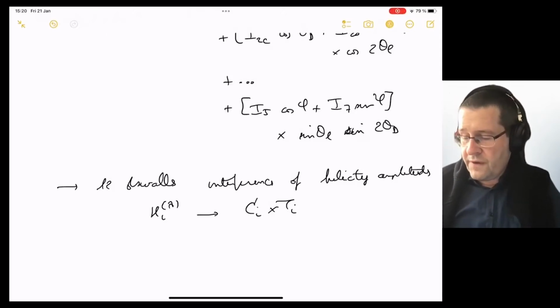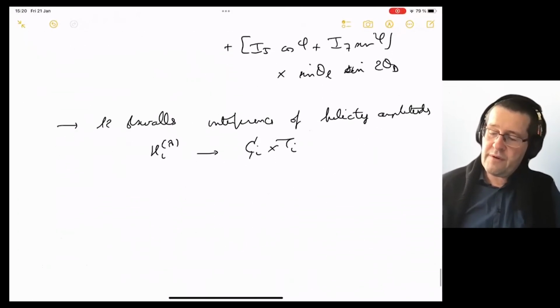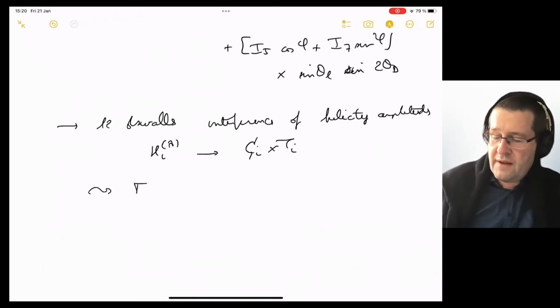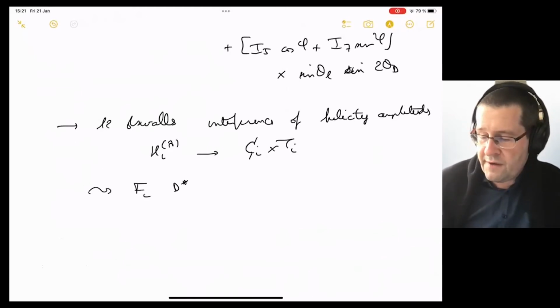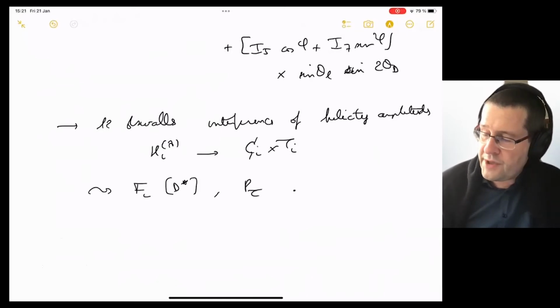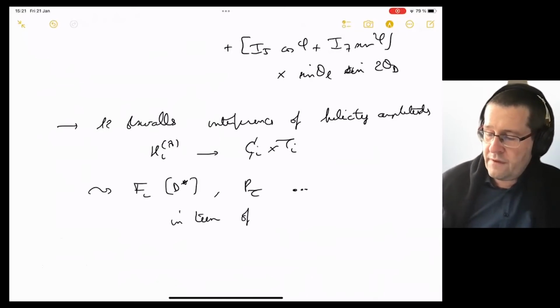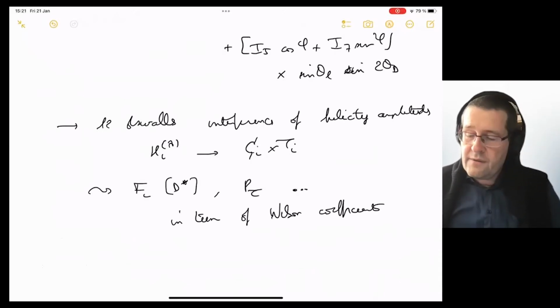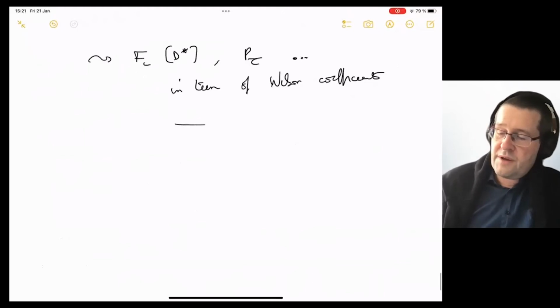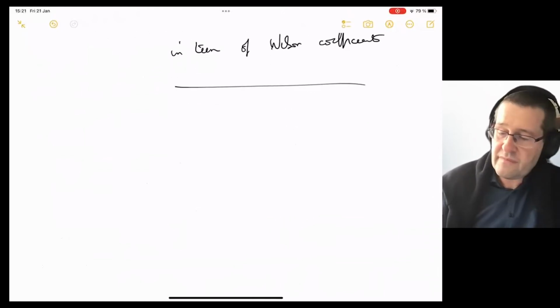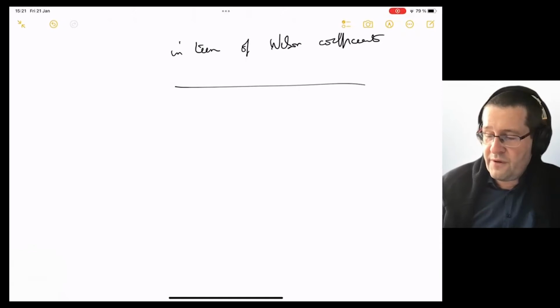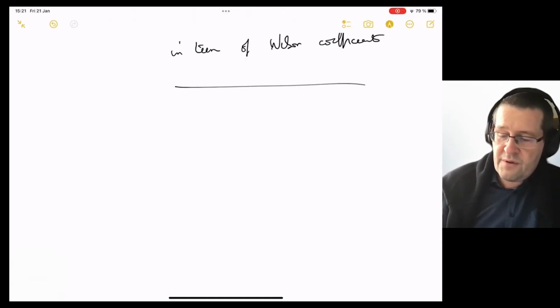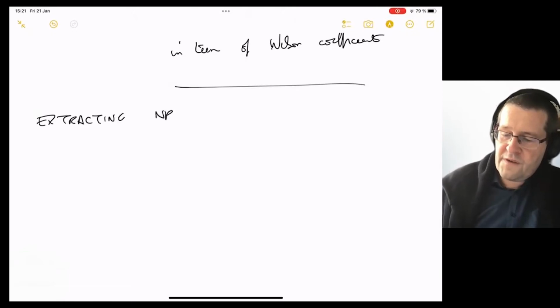Okay, so once you've got this, you can, for instance, apply it to compute the longitudinal polarization of the D star or the polarization of the tau in terms of the Wilson coefficients. So now, what can we do for the interpretation? We can try to extract the new physics contributions in the Cis.